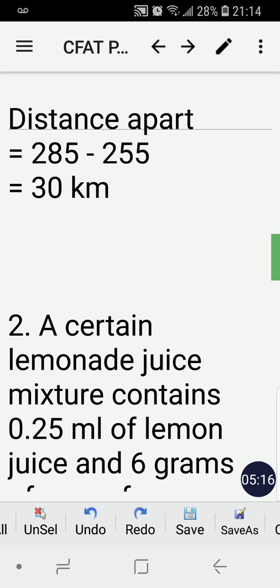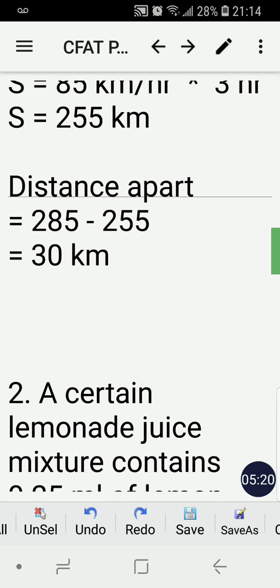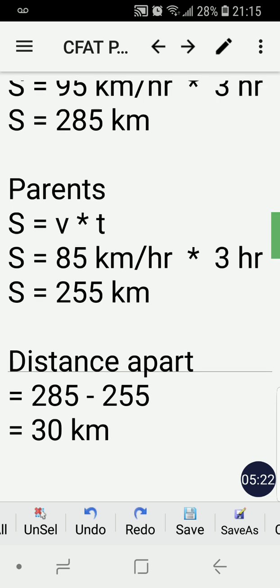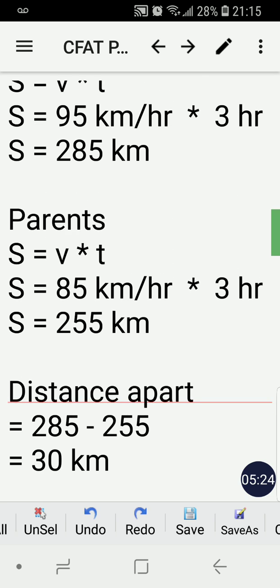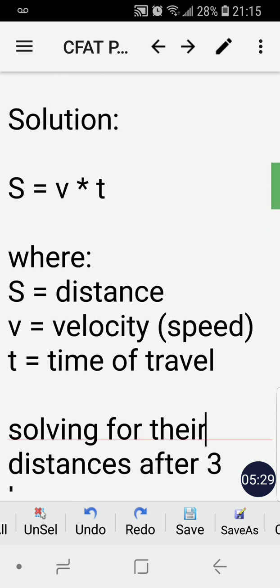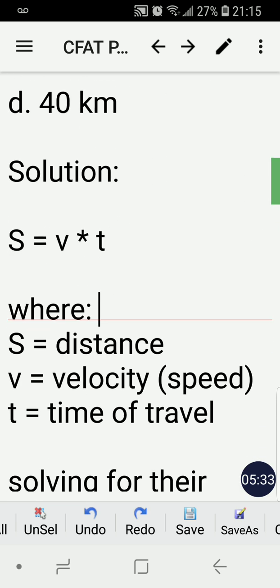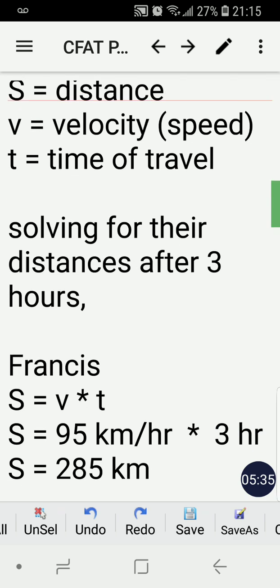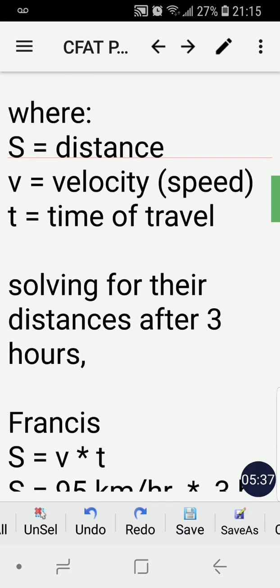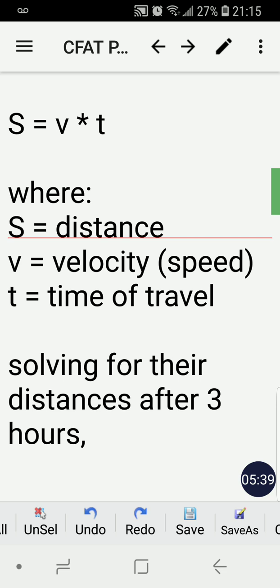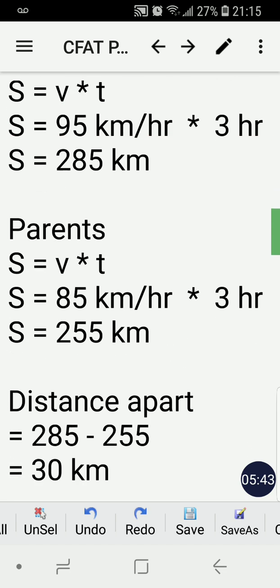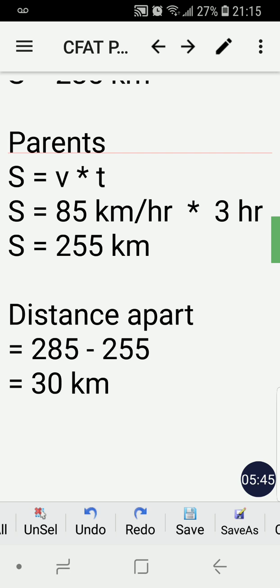So the distance apart is equal to 285 minus 255, and we get 30 kilometers, which is letter B. So the key takeaway here is that we use this formula, S equals VT, and just subtract the distances.